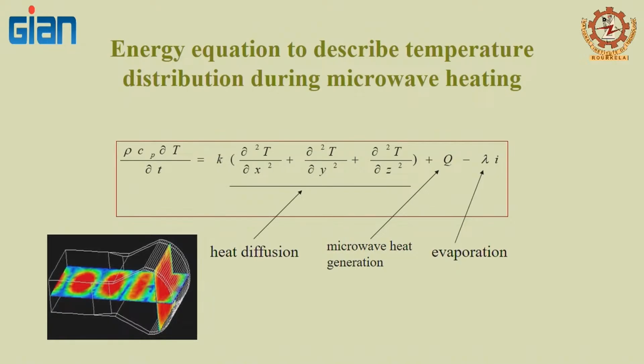That means some films are going to reflect microwave, some films allow passage of microwave through them, or some films are totally transparent to microwave. So you have to use the appropriate film in your package material, so that you are able to get proper heating.